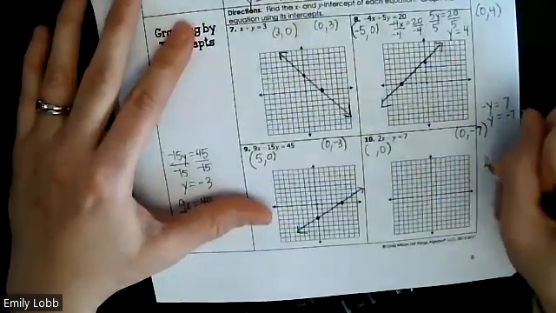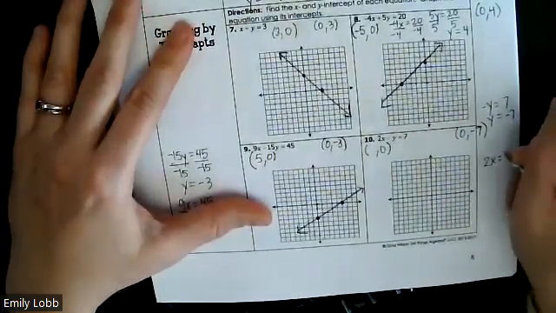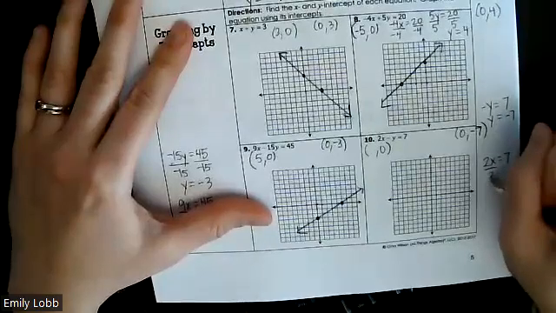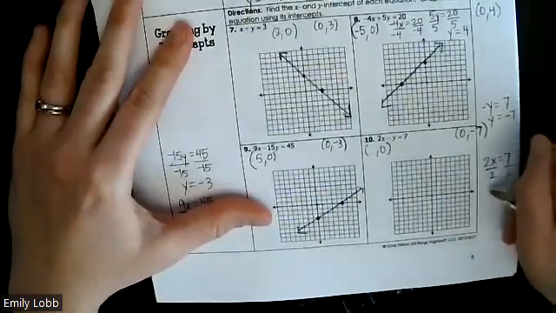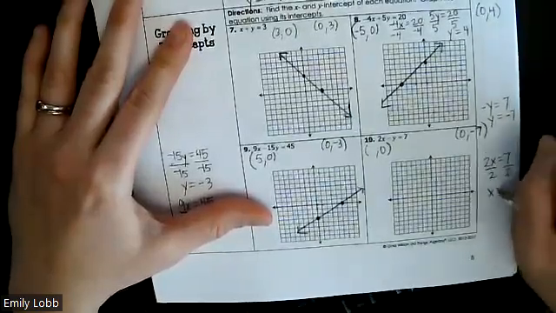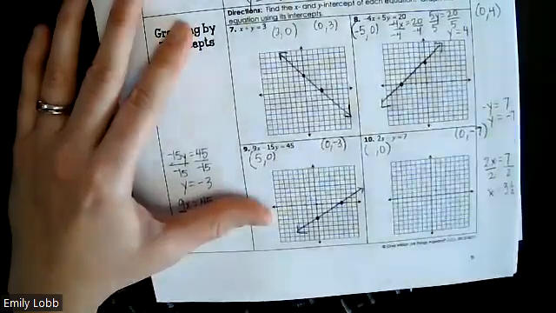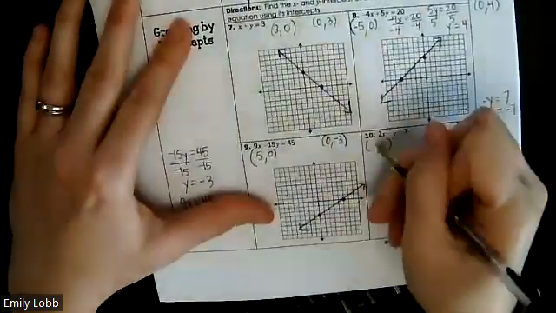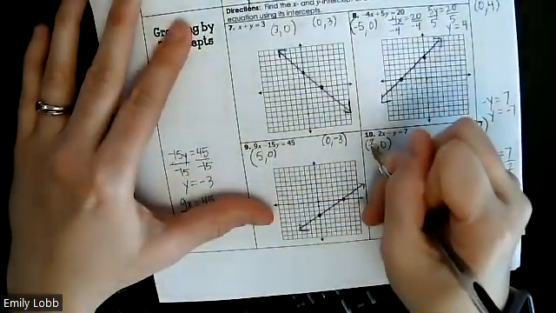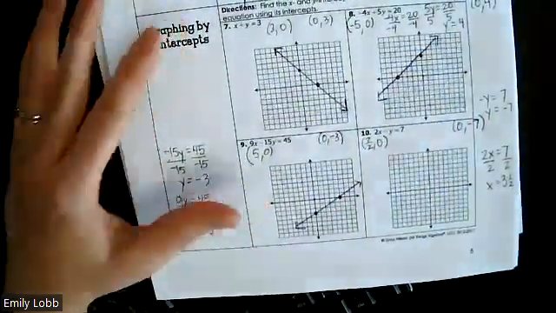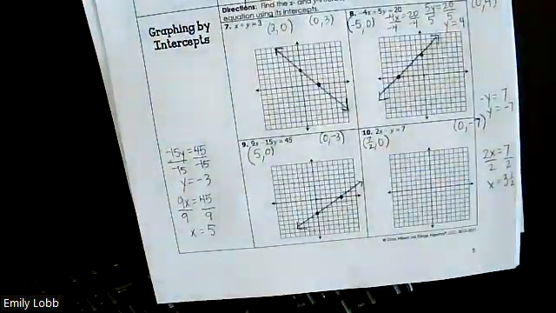We have 2x equals 7. So we would divide both by 2, and x is 7/2. It might help you to know that that's 3 1/2. So you can write it as 7/2 if you want. But when we plot it, we kind of need to know where that's at, right?